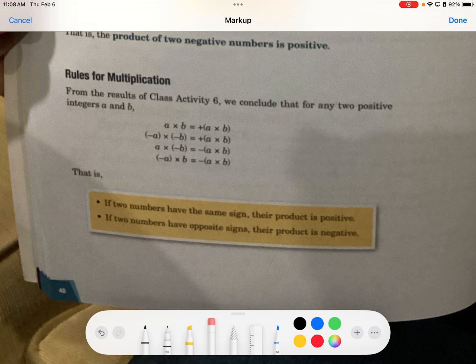If two numbers have opposite signs, their product is negative. So that's a more concise way of saying it: if they have the same sign, it is going to be positive.